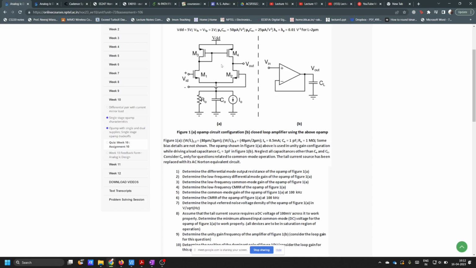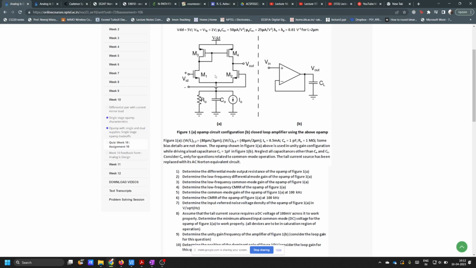But there is a neat trick to get around that problem for common mode signals. That is covered in week 12, so I would suggest you go through the week 12 lectures once. The other way to do this is to use the principle of superposition. Do not assume any half circuit or anything.